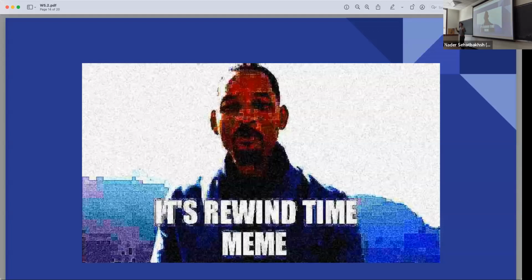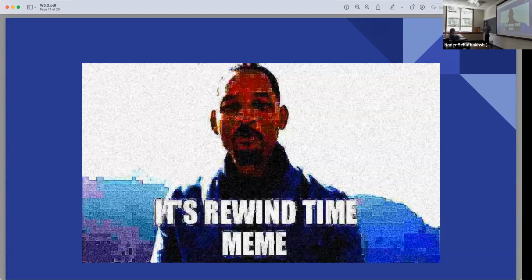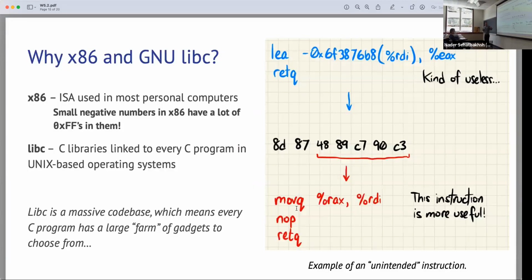Alrighty, so we did skip over a really big part of the evaluation. Part of the evaluation of this paper mentioned that they used x86 on a Unix-based machine, and they used libc as their code base to calculate their gadgets.